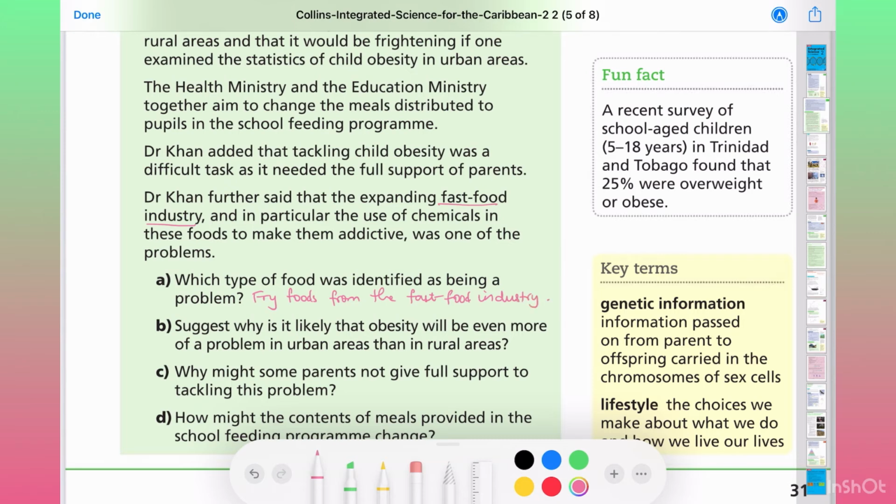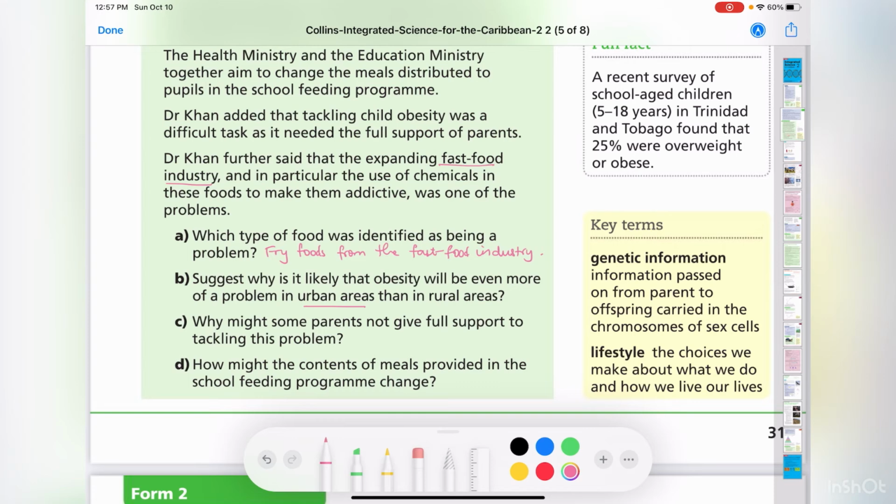Suggest why it is likely that obesity will be even more of a problem in urban areas than rural areas. Why it will be more of a problem in urban areas rather than rural areas, is because fast food access is going to be more readily available in urban areas.